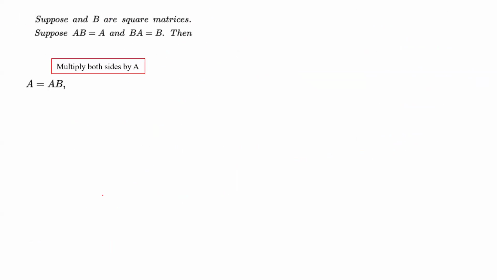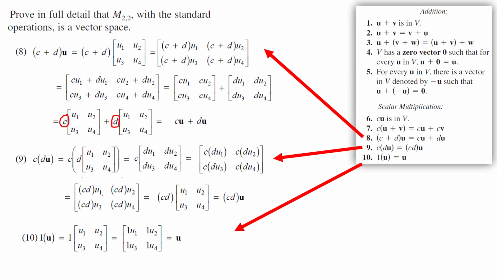So all of these axioms are met. What's the meaning of that? It means that you have a vector space. So on the exam, if I ask you to prove a set is a vector space, you need to patiently prove each one of these axioms.